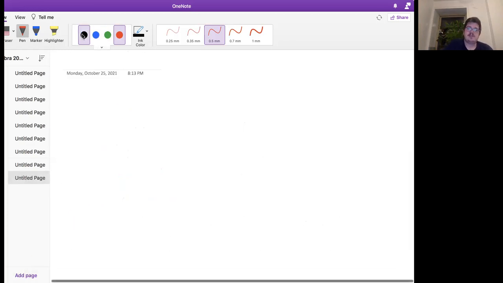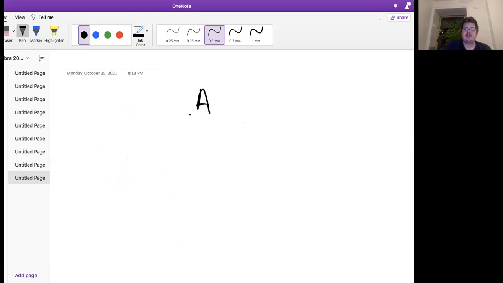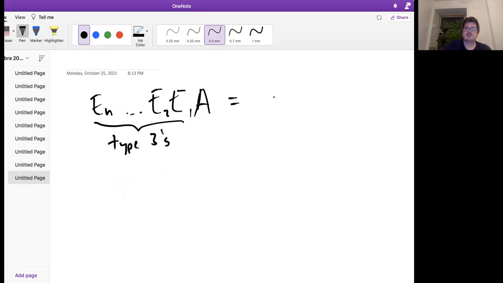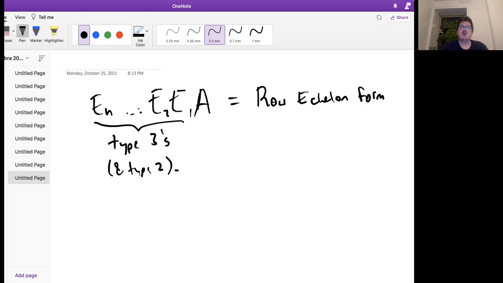So what does that mean? If I have A times type 3s equals row echelon form, maybe they're type 2s. What type of matrix is this?